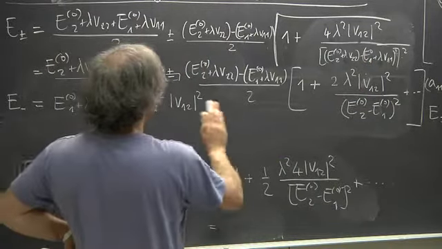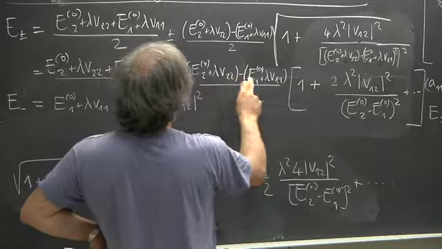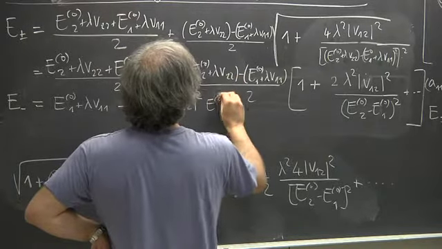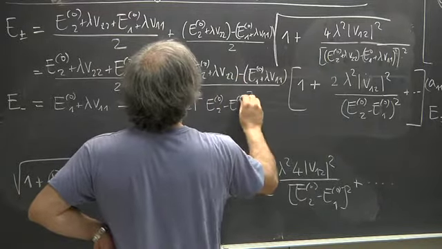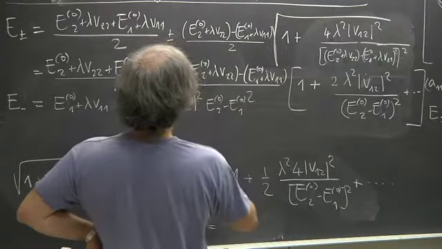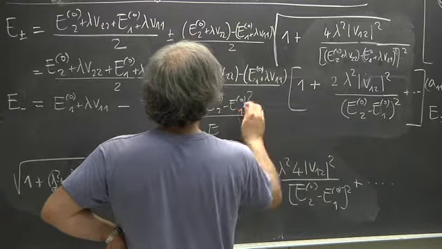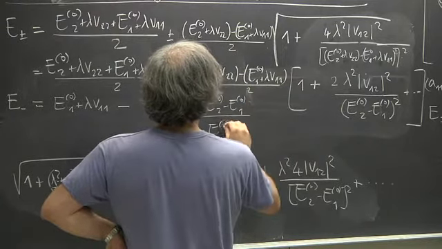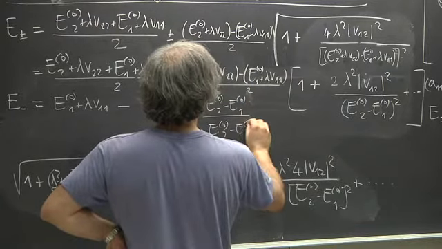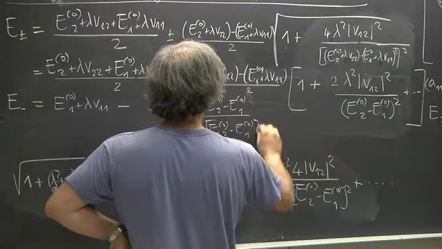So I can take just E02 minus E01, and here I have another (E02 minus E01) squared.